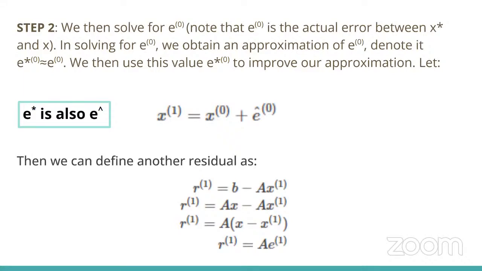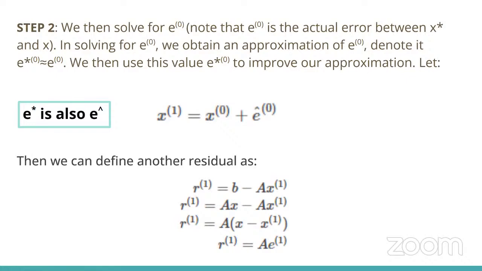We are denoting it as E star naught, equal to, this is an approximation sign. So E star naught is approximately the same thing as E naught.